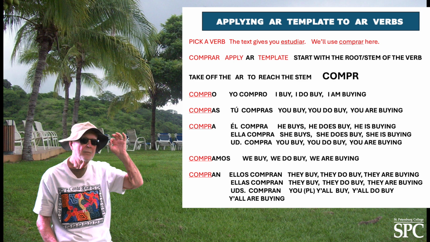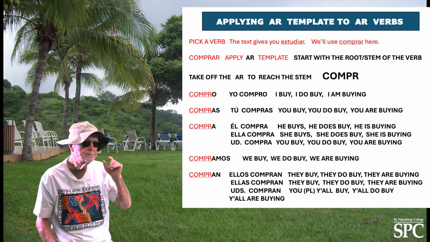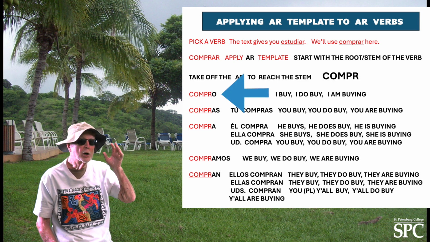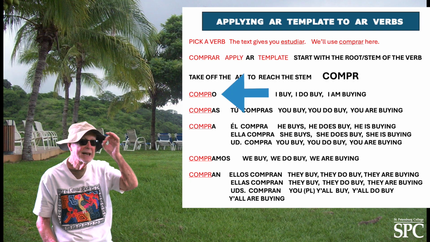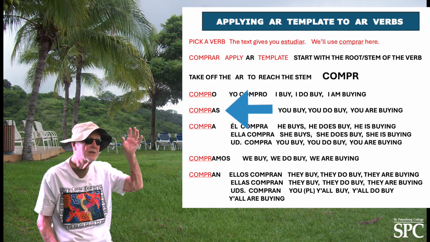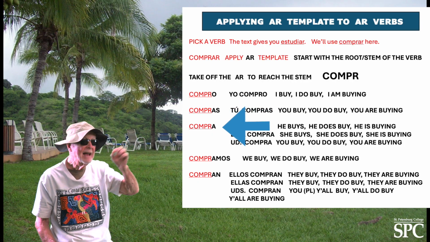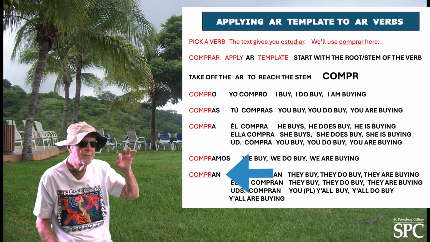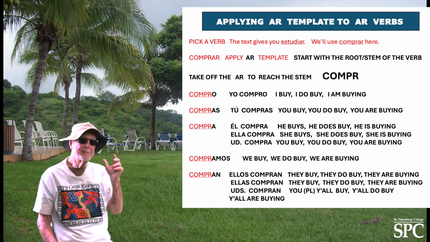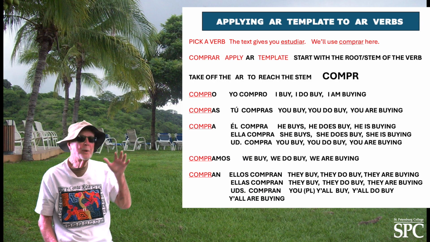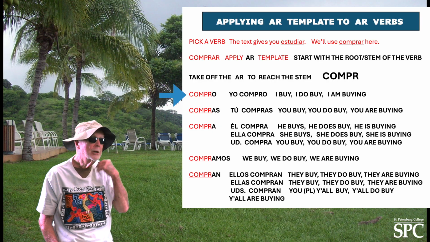Okay, so moving along, comprar. We see compro, we see the stem and we're adding o. And you see comp, the stem, we're adding as. And comp, the stem, we're adding a. And then amos, and then an. So let's look at what these words mean. Compro means I buy. Yo compro.